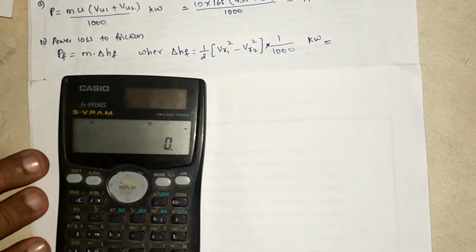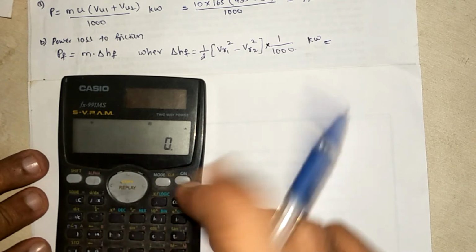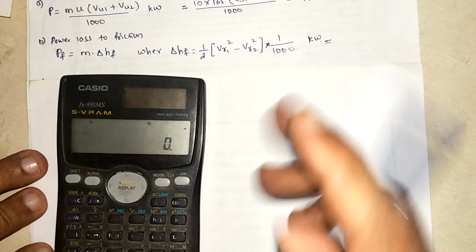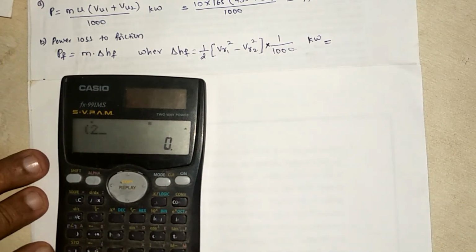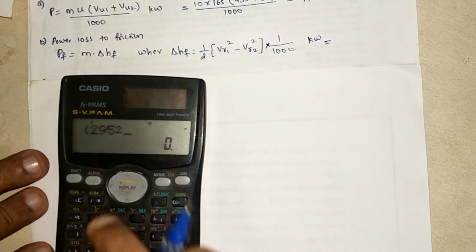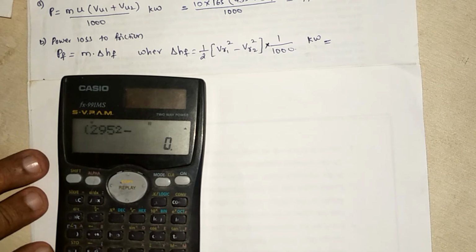So HF is equal to bracket 295 square minus 220 square bracket close, divided by 2000.